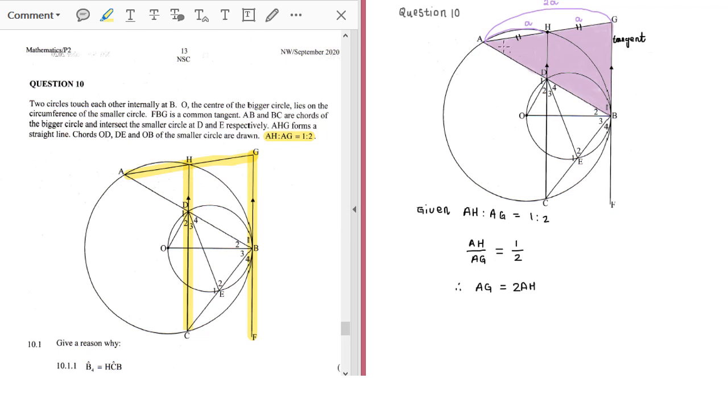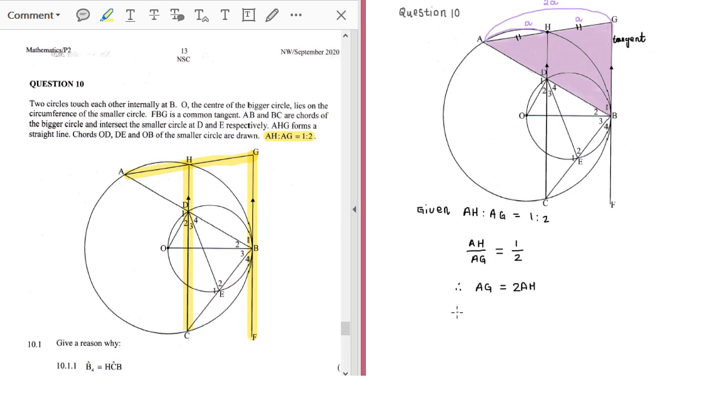If you look at the triangle AGB, which I've now highlighted in purple, we can see that we have our theorem: a line drawn parallel to one side of the triangle divides the other two sides in the same proportion.